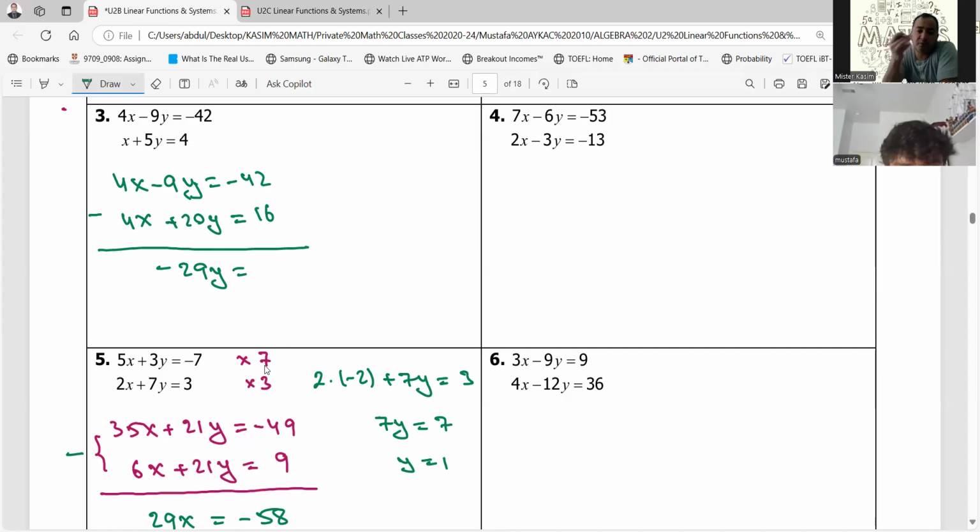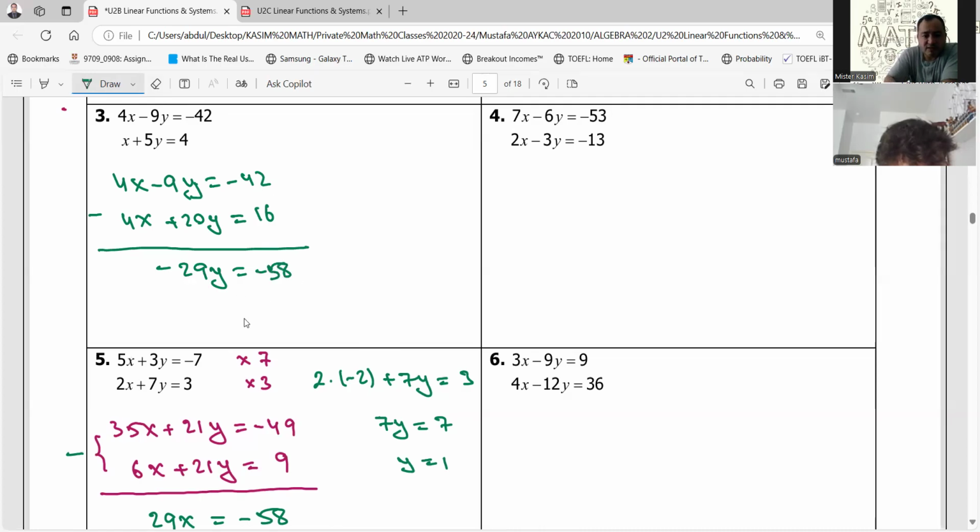Well, why would we multiply the top one? It's already 4x right here. So I'm trying to get 4x in the second equation. If you multiply both, again, it will be different. All right, I understand now. Okay? So negative 42 minus 16, negative 58.